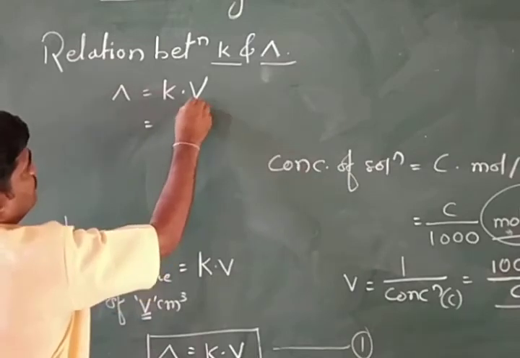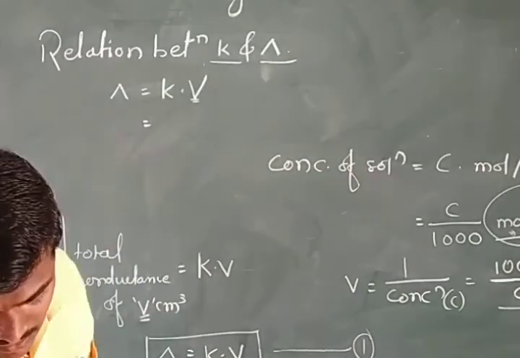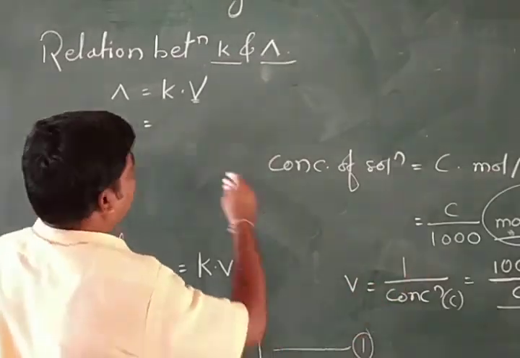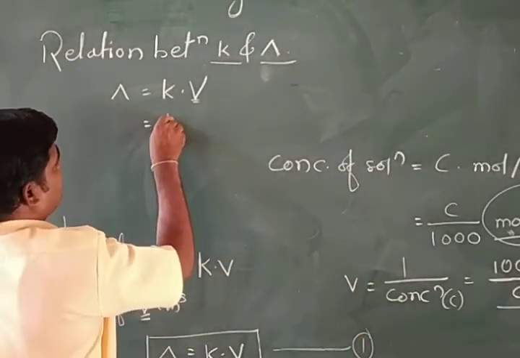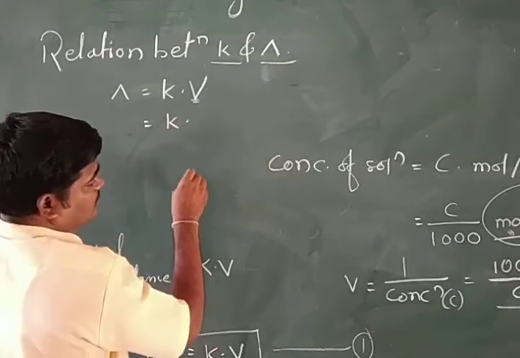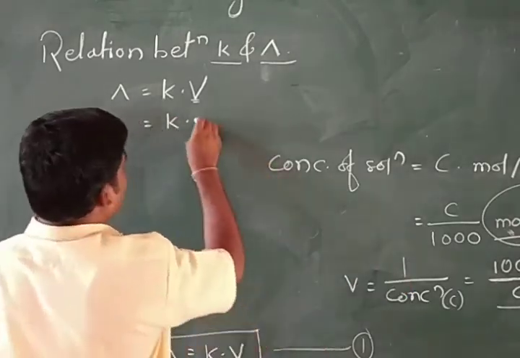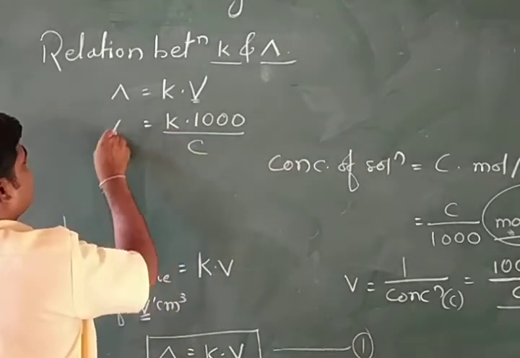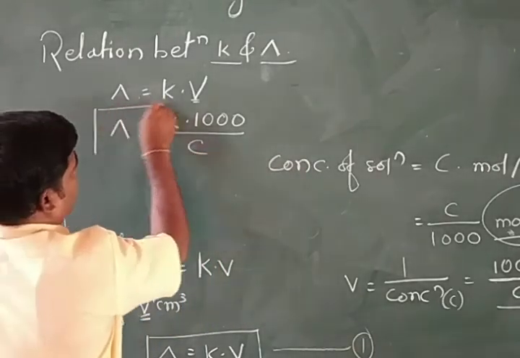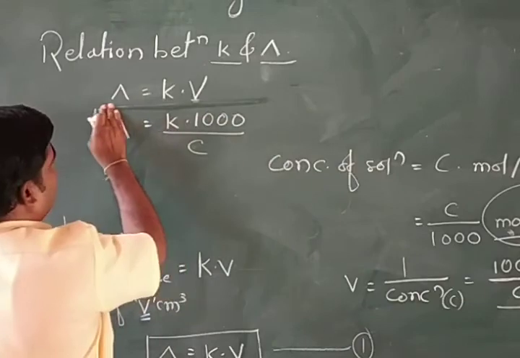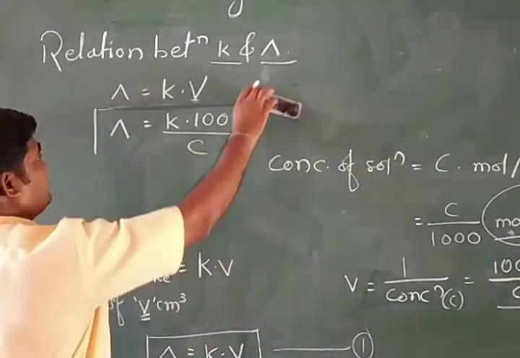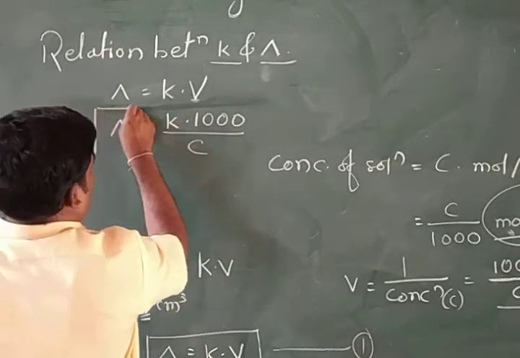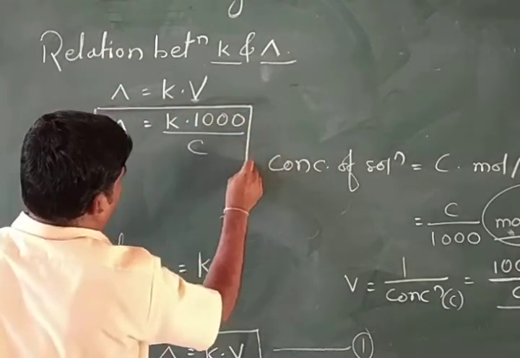Here we can substitute the value of V for the volume which we have already determined in equation number 2. So this equation becomes K into, what is the value of V? It is nothing but 1000 divided by C. So this is the equation for molar conductance of an electrolyte.